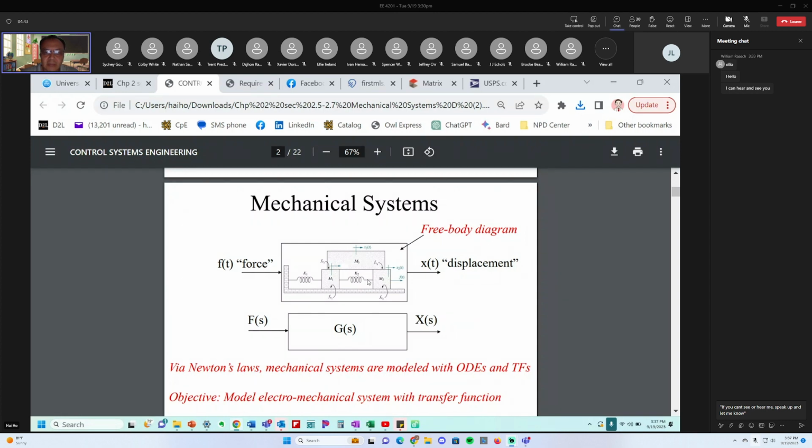Look here, you got three masses, and then there's friction. Okay, that's known as Fe1. So the whole idea is, okay, how do you derive a transfer function on a system like this?